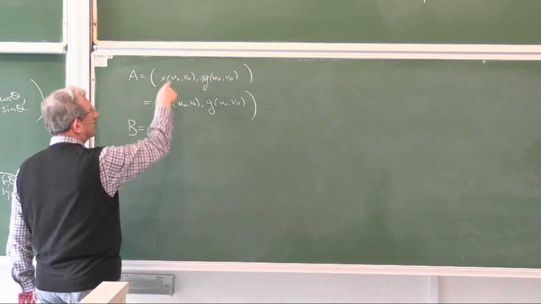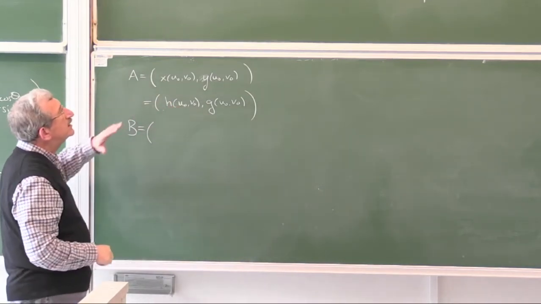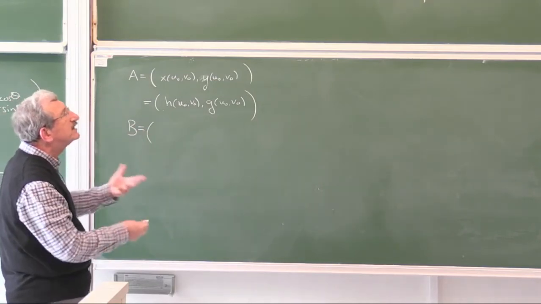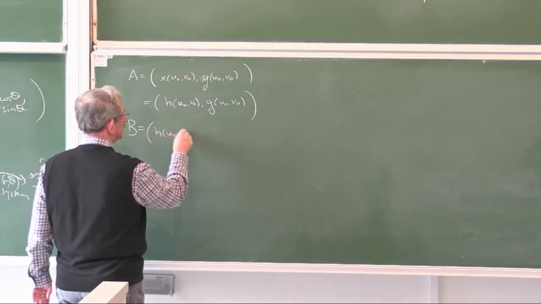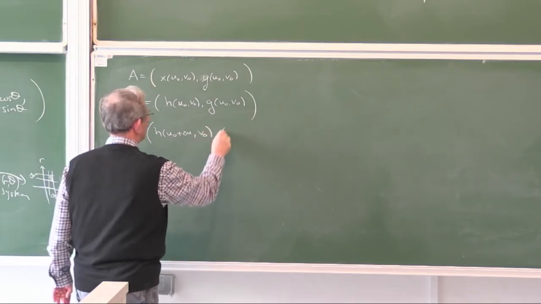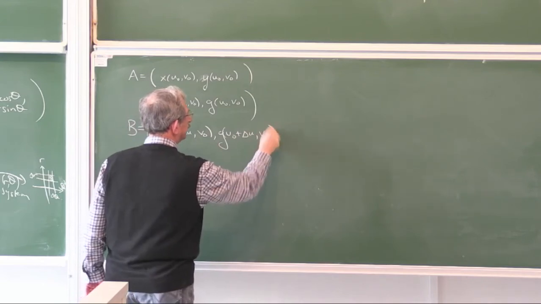I will directly use H and G. B is the intersection of U is U0 plus delta U, and V is constant. So this is H of U0 plus delta U, V0, and G of U0 plus delta U, V0.